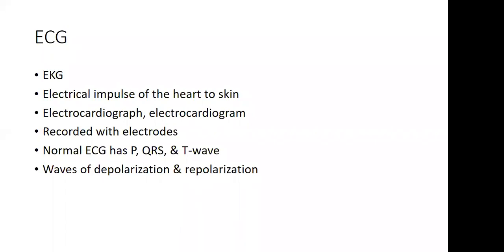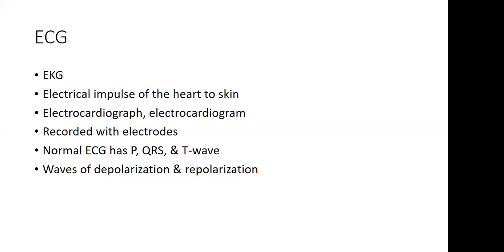As I told you, when you record the ECG over the paper, it has got multiple waves, some up and some down from the starting point. Mainly, you can see the P wave initially, followed by the QRS complex, and followed by another wave, that's the T wave.